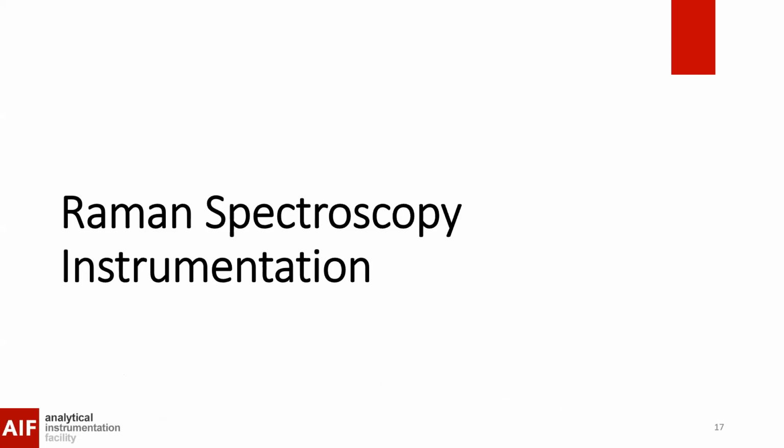All right, now we move to the Raman spectroscopy instrumentation part. I will mostly cover the choice of lasers and gratings, as well as what affects the spectral resolution and the spectral coverage.